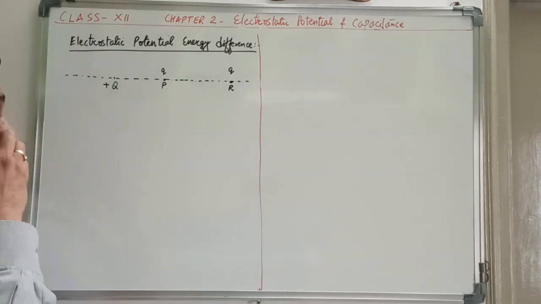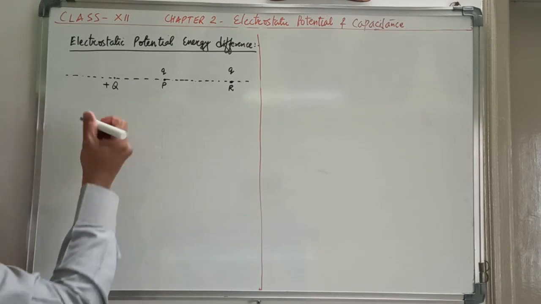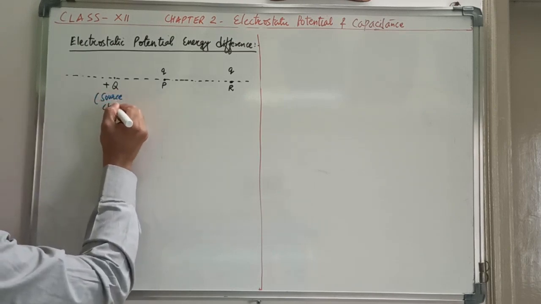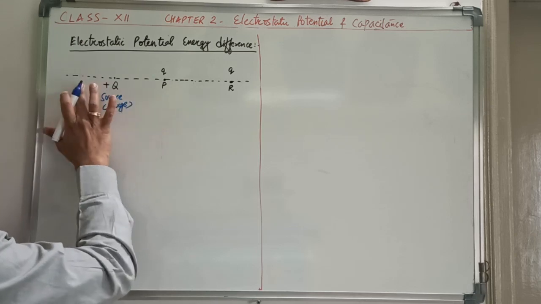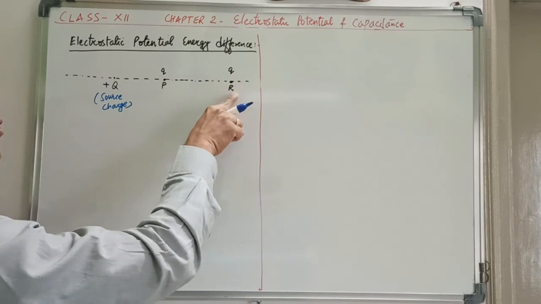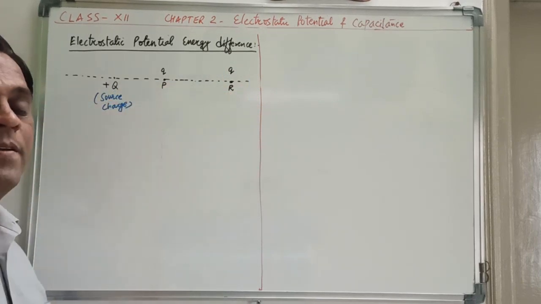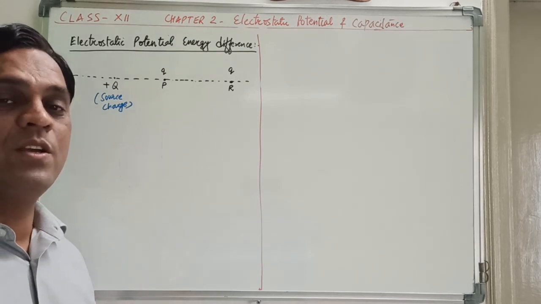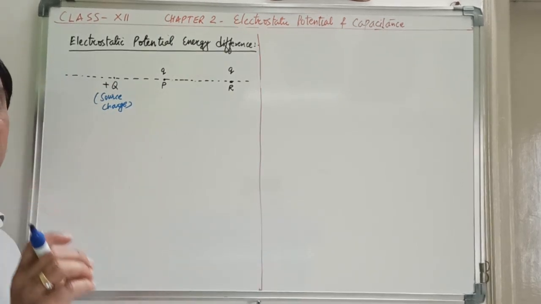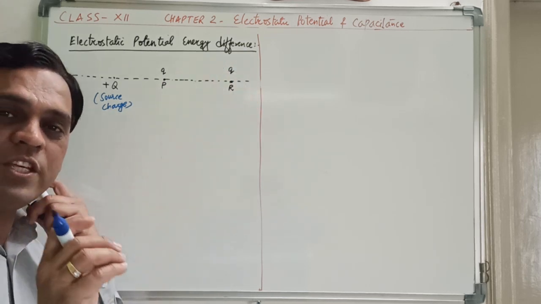Correct? So what are we discussing? This plus Q is a source charge, and in the electric field configuration of the source charge, a very small charge q is being moved from point R to point P very slowly without any acceleration, or say it is moved in such a manner that the change in kinetic energy of the charged particle is almost zero.